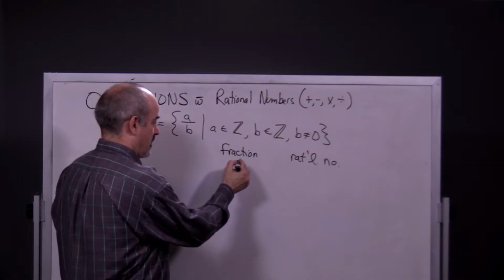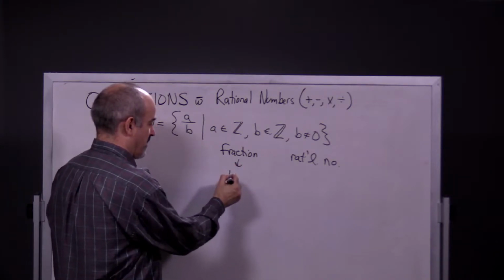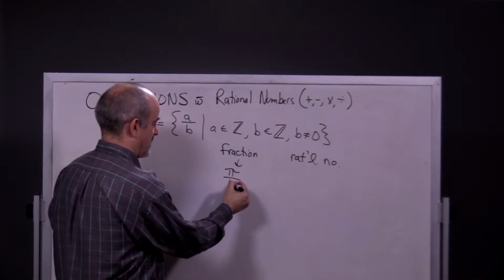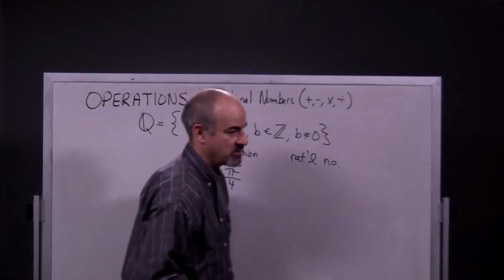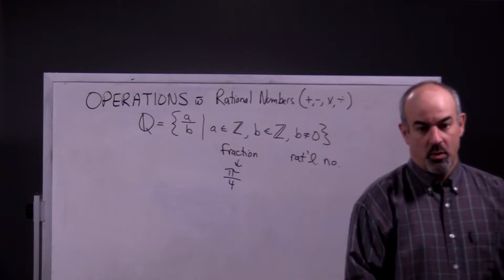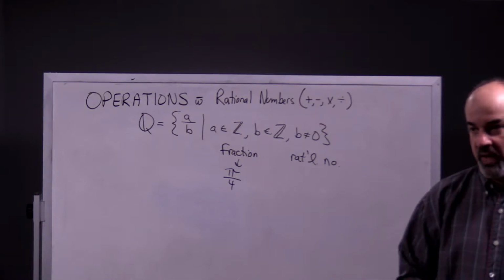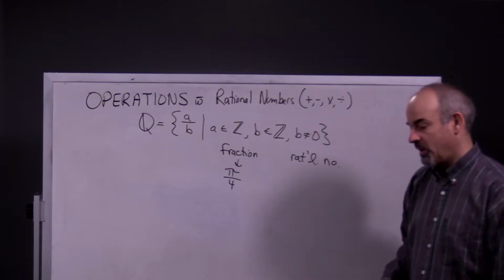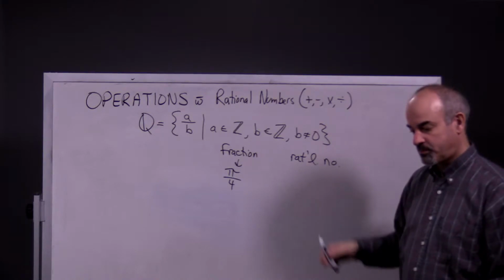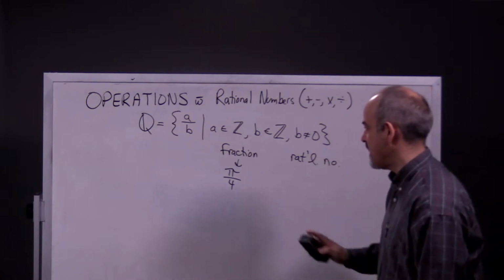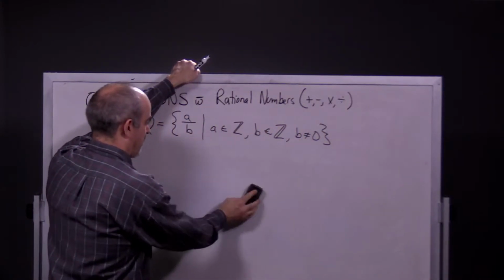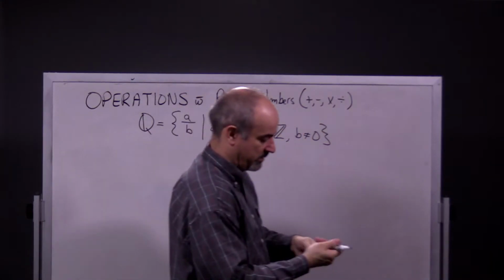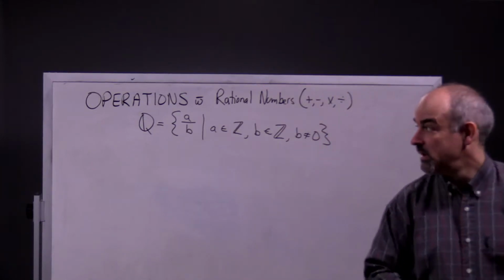So, in other words, pi over 4 is a fraction. But that's not a rational number, because pi is not a rational number. So if I use the word fraction, I'm pretty much always going to be talking about rational numbers. I'll try to say rational number if I mean rational number, but if I use the word fraction, I'm probably still talking about rational numbers.